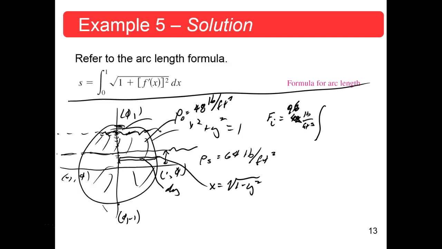Okay. They throw in an h of y here, and they don't really tell you what that is. You sort of have to go back to what we were dealing with before when we were doing these kinds of problems. The h of y is the height as a function of y, okay?